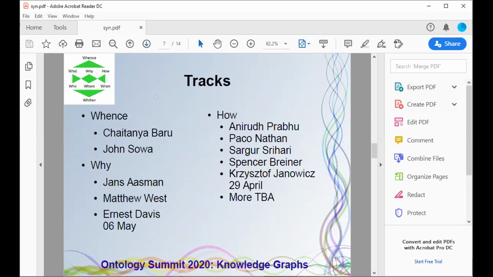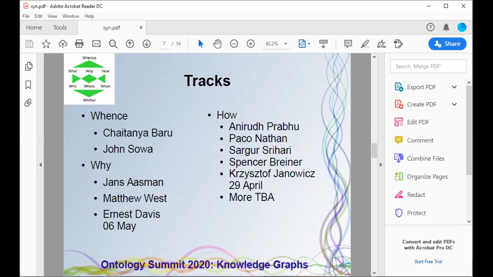Okay, so here are the tracks that we've seen so far. Whence with John and Chaitanya. And then we had a why. Actually, this was Jan's back in the fall. And then Matthew West and upcoming Ernest Davis in May.